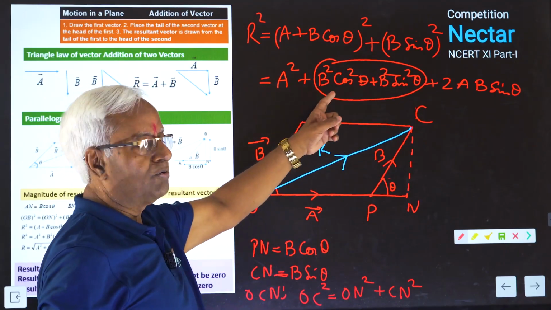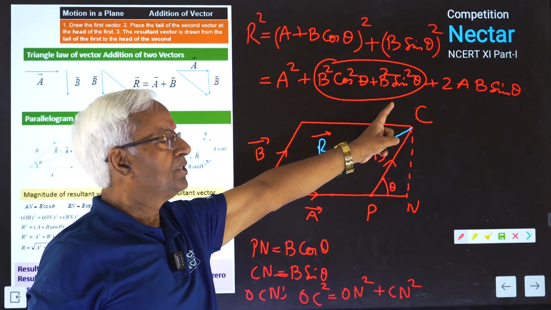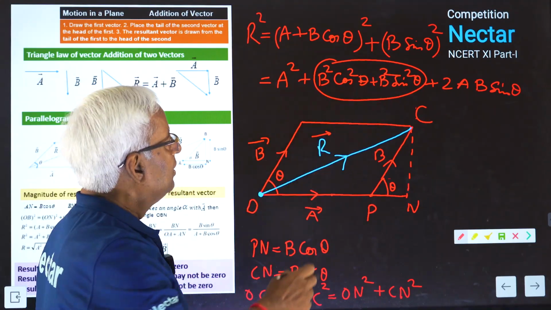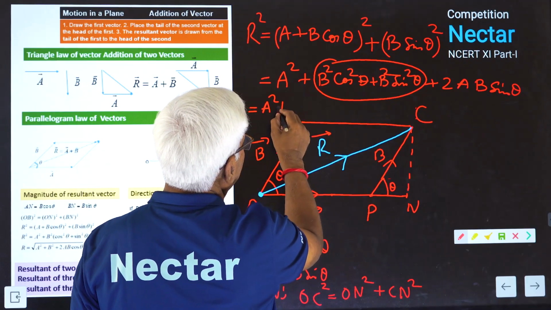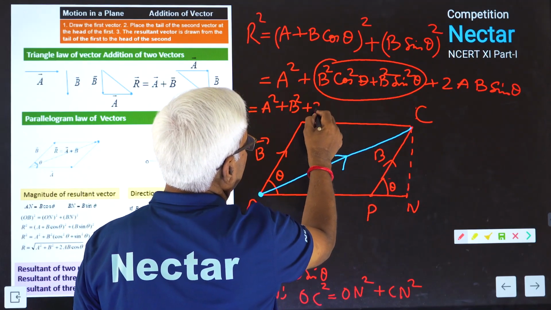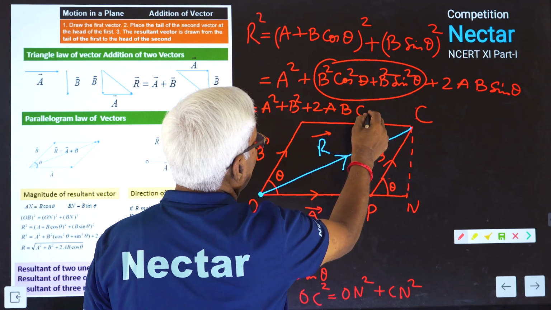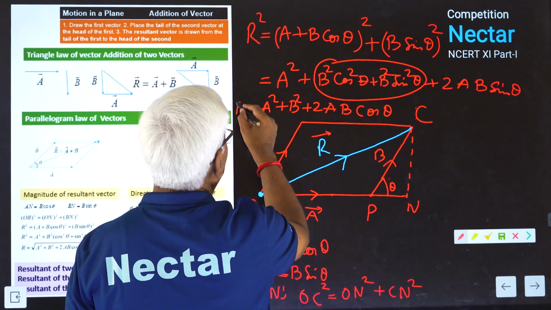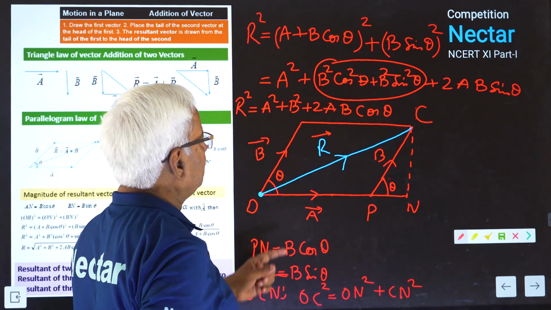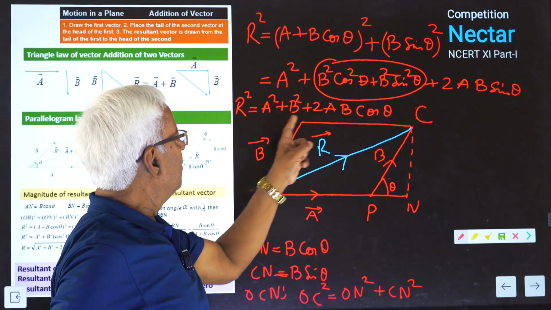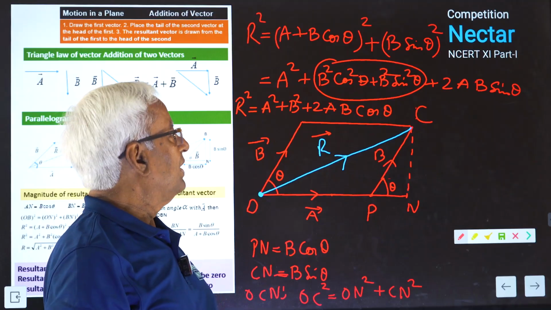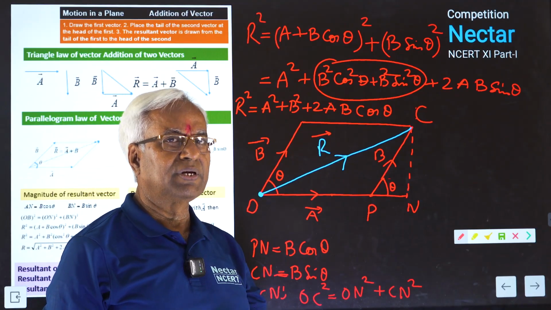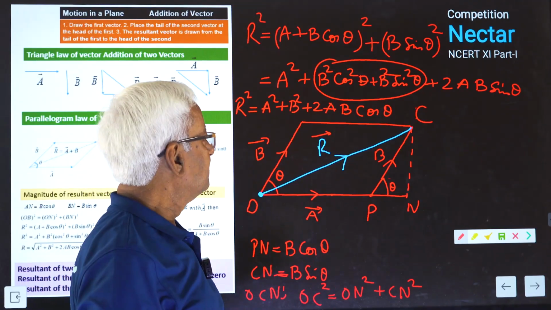If you take B squared common, you'll have sin squared theta plus cos squared theta, which is equal to 1. So finally, the formula that we have is R squared equals A squared plus B squared plus 2AB cos theta. You take the square root, and you'll have the value of R. This is a very important formula. We have to use it frequently in mechanics, electrostatics, and magnetics.